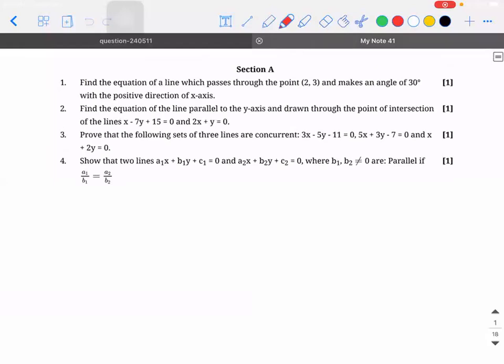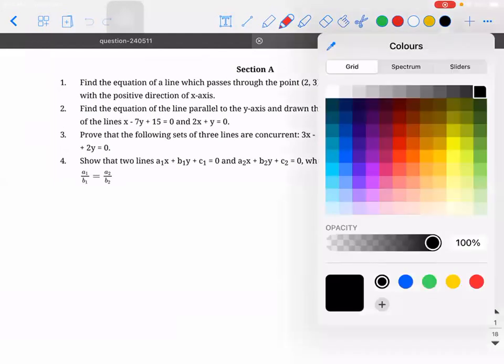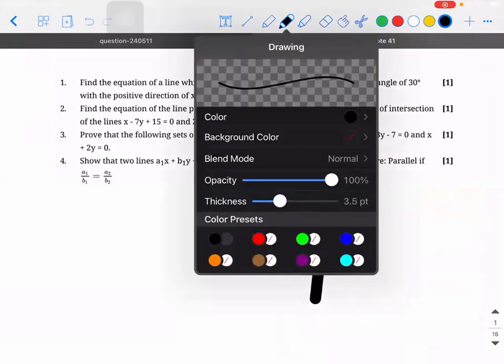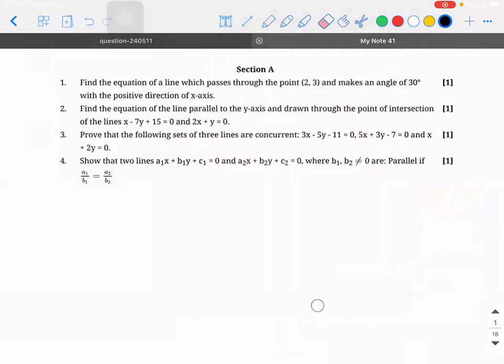So there's a straight lines worksheet. The first question is, before I start the problems, we need to understand what are all the formulas that we are supposed to know in this chapter. What are the important concepts that are there in this?